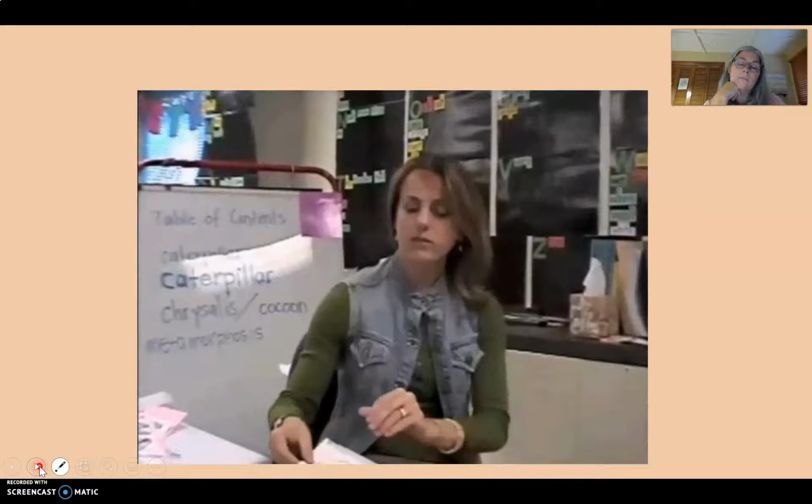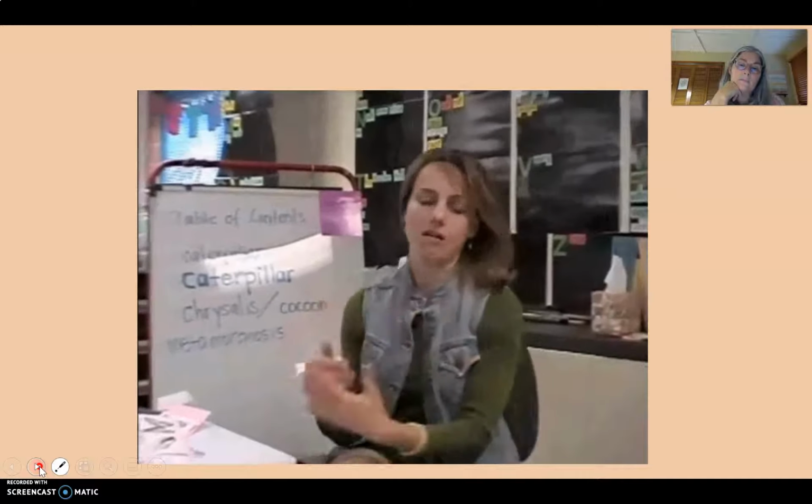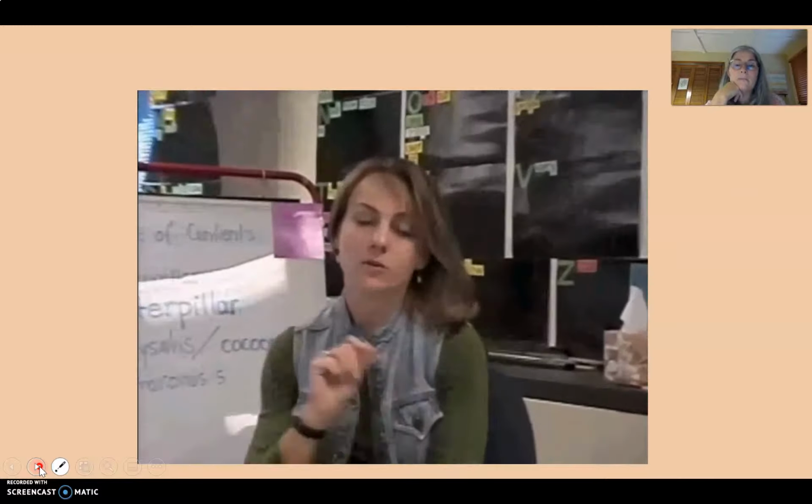Then those students will use that knowledge of the butterfly cycle to either write what happens at each stage of the butterfly life cycle for those who are capable of that, or to take pictures of parts of the butterfly life cycle and put those in the right order, labeling the part of the life cycle.